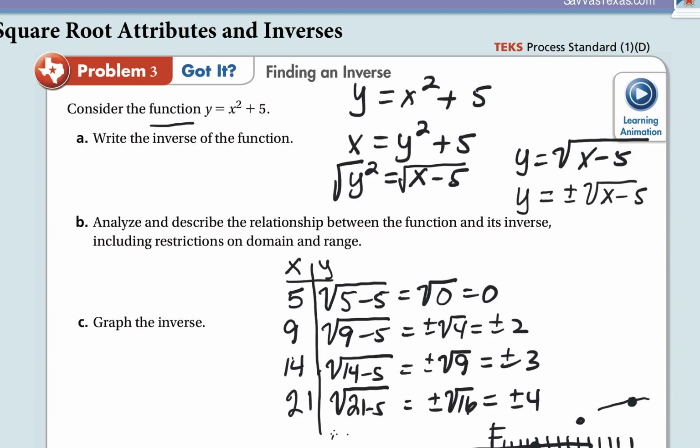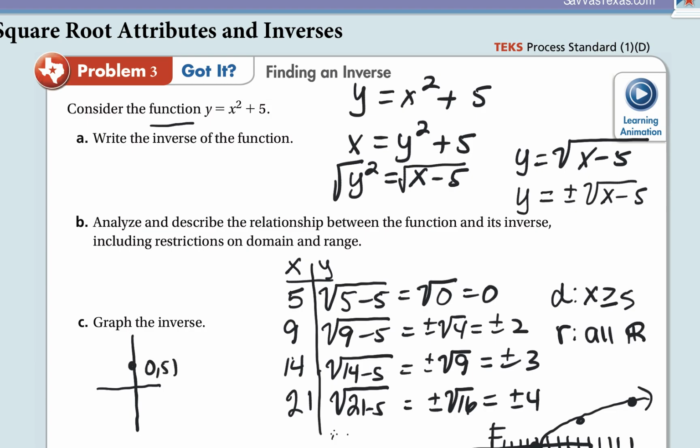And you notice that you have a parabola that is sideways. And so the domain is x greater than or equal to 5, and the range is going to be all reals. Now, if we compare that to the function itself, we have x squared plus 5, so we know that the y-intercept is going to be 0, 5, and it's going to go up like this.